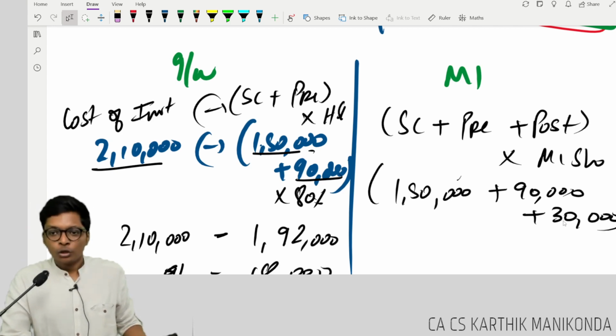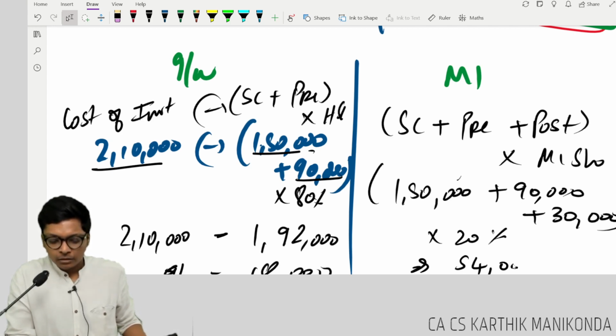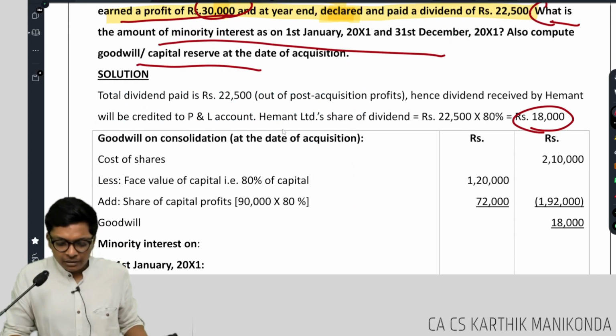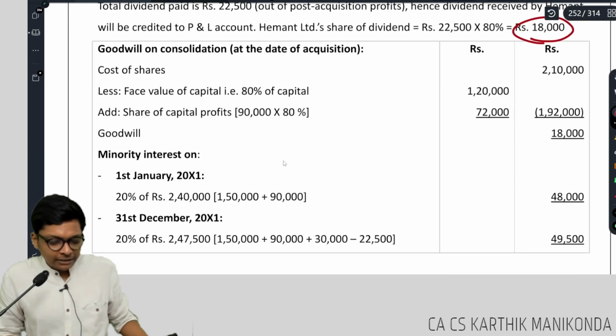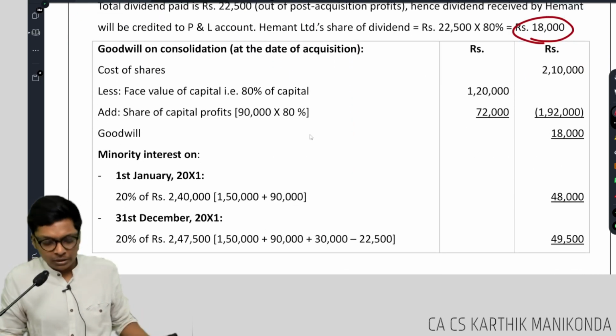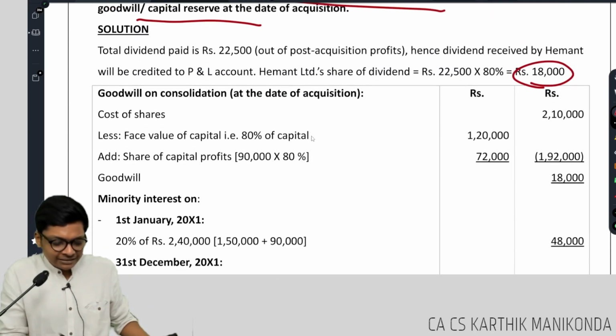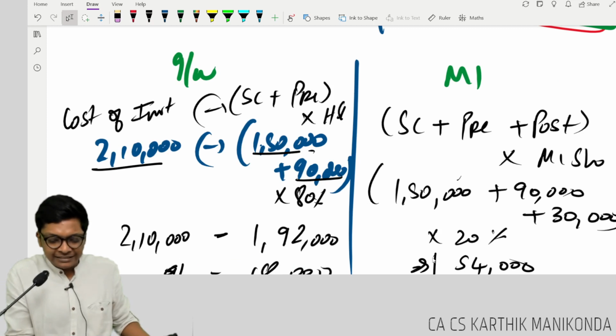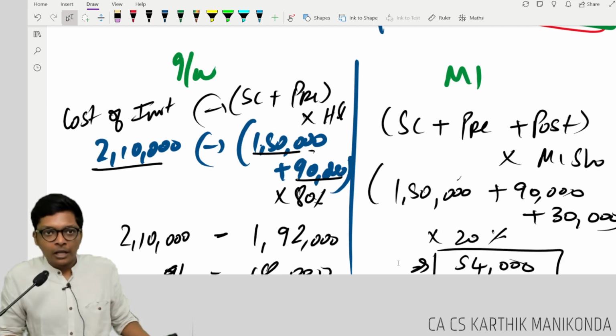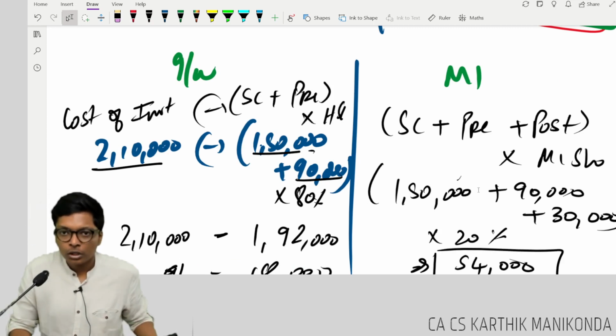So into 20%, how much? 54,000. This is subject to dividend, guys. If dividend is not there, you get answer as 54.